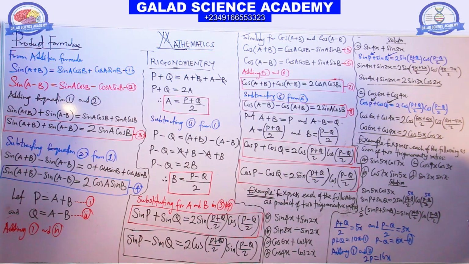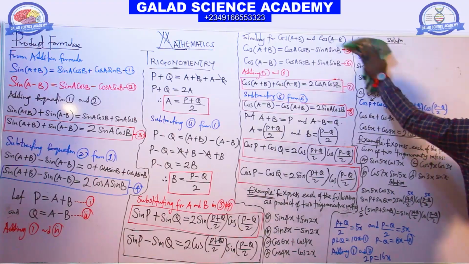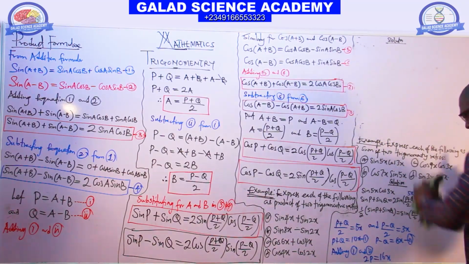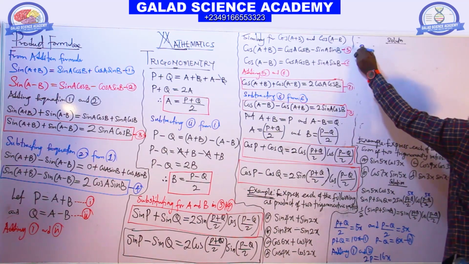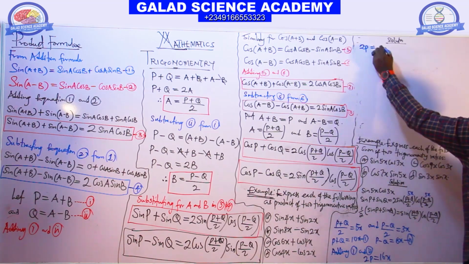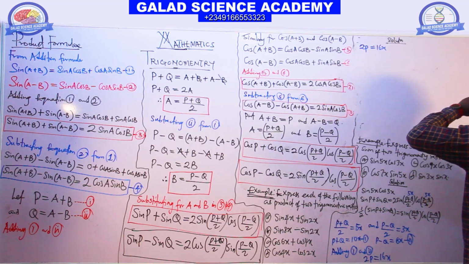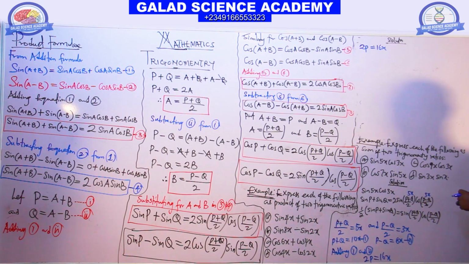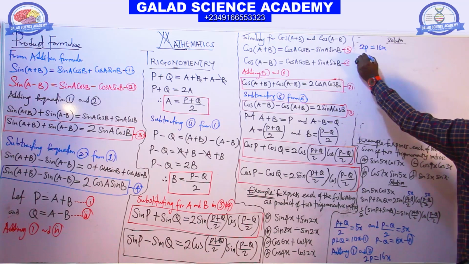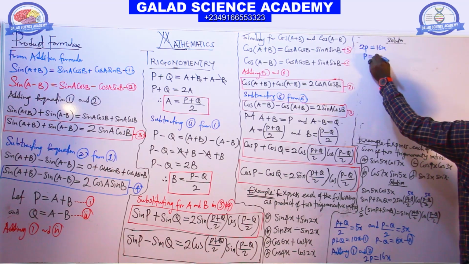So 2P should be equal to 16x, and P will be 8x.